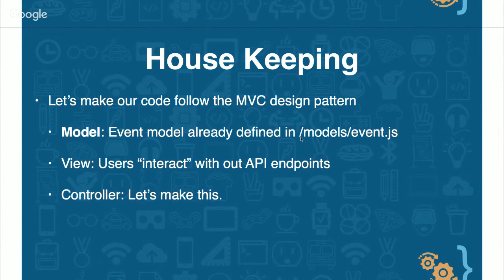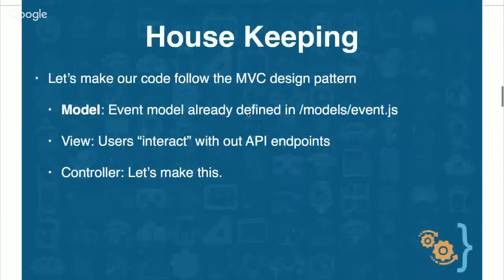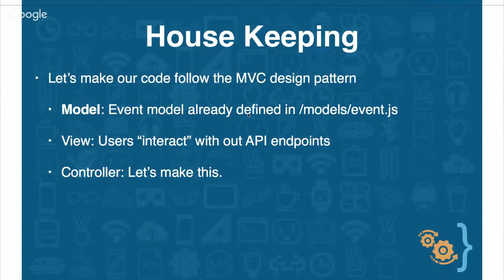Because right now we've gotten to a basic point where we have API routes, but it's not following this design pattern. One thing we'll notice is that we don't have any HTML views right now. For users to interact with our application, it's purely through an API. So we can think of our view as what are the different routes or actions that our user can interact with.